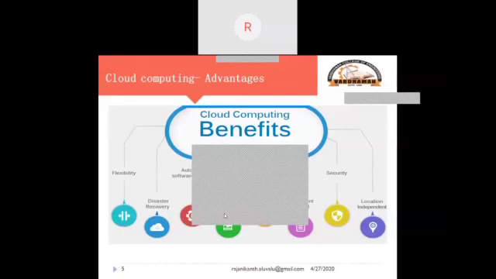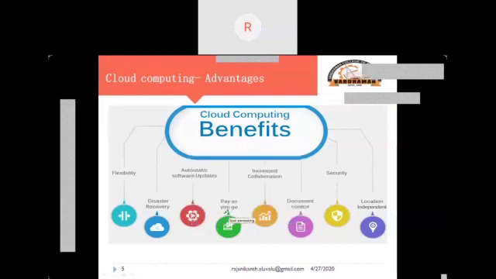The next important benefit is pay as you go. As already mentioned, we pay only for the services which we use, which is going to reduce our operational cost. Moving on to the next benefit, which is increased collaboration. Because of migrating onto the cloud, we can subscribe to a huge number of services which is going to benefit our organization.